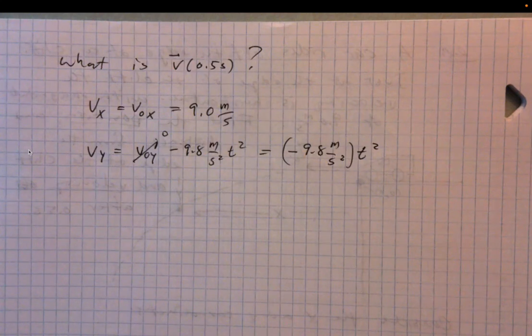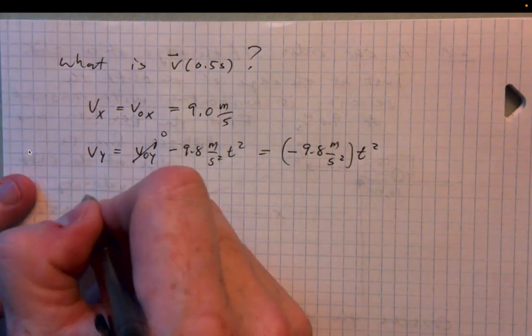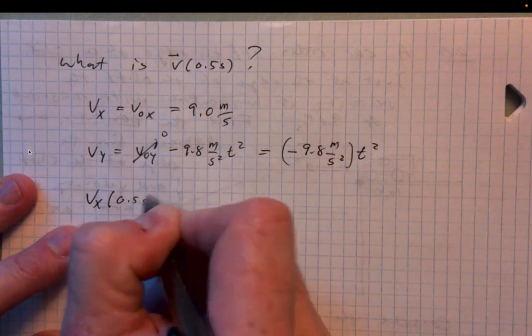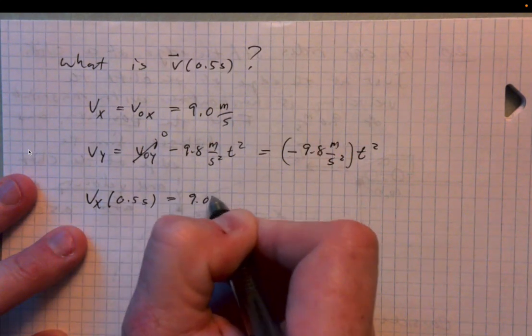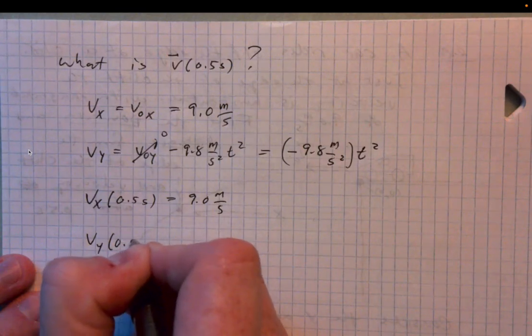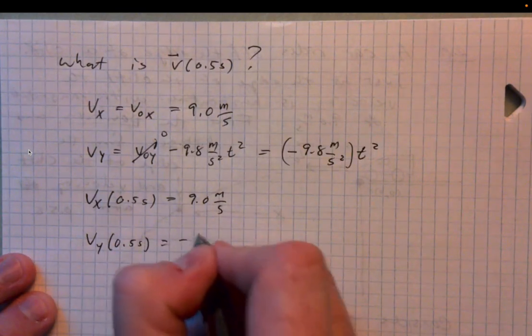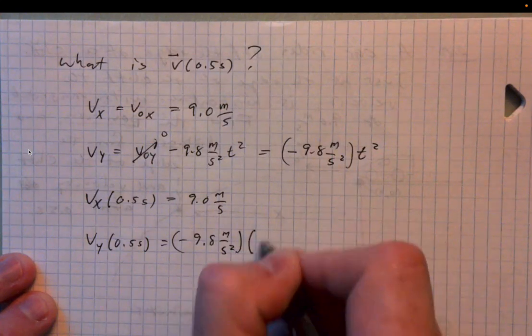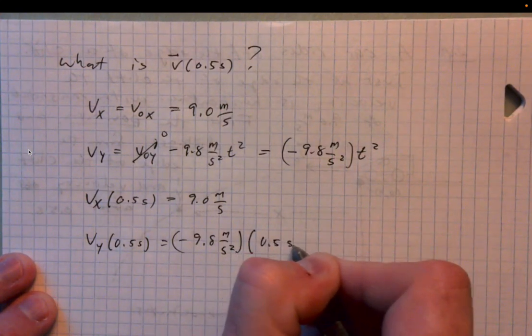And so the velocity at 0.5 seconds in the x direction is equal to 9.0 meters per second. And the velocity in the y direction at 0.5 seconds is equal to negative 9.8 meters per second squared times 0.5 seconds.